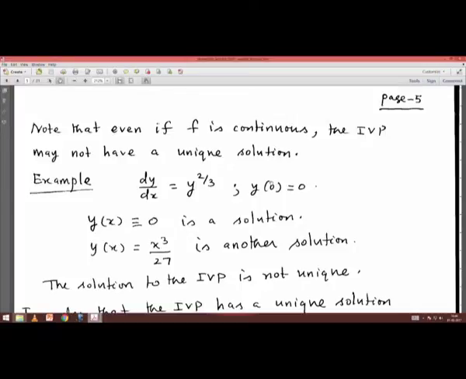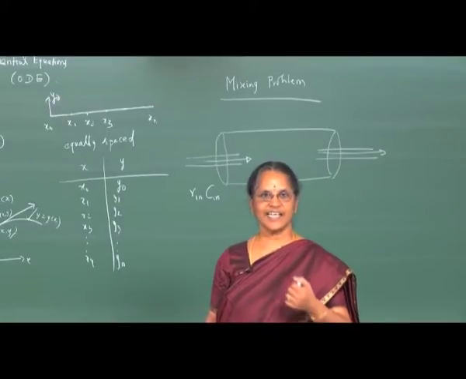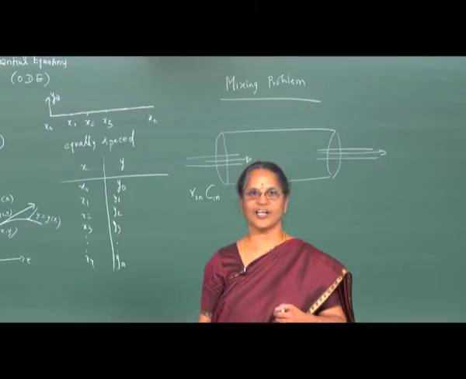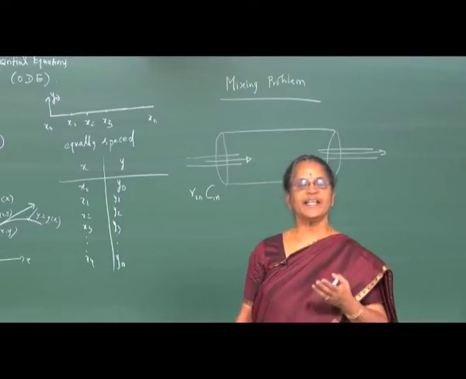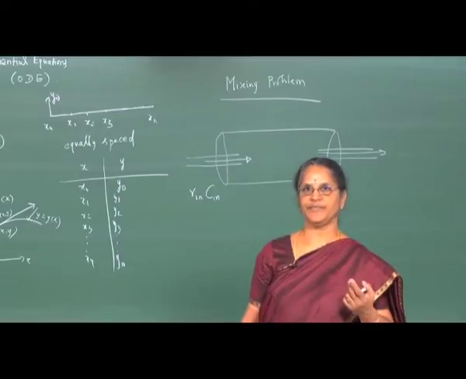Is the solution unique is the next question to be answered. So, even if f is continuous inside that rectangle centered at x naught comma y naught, it may happen that the solution need not be unique.